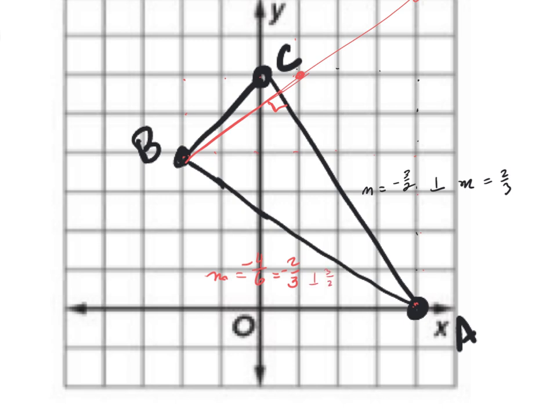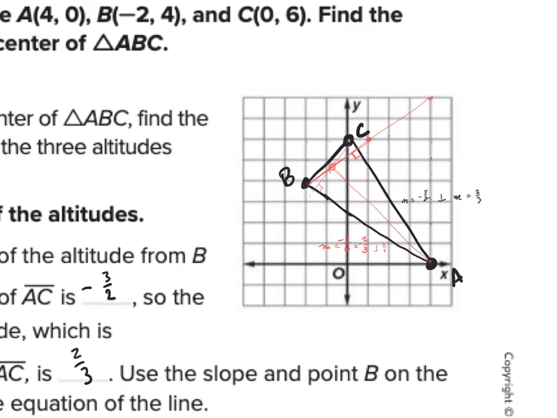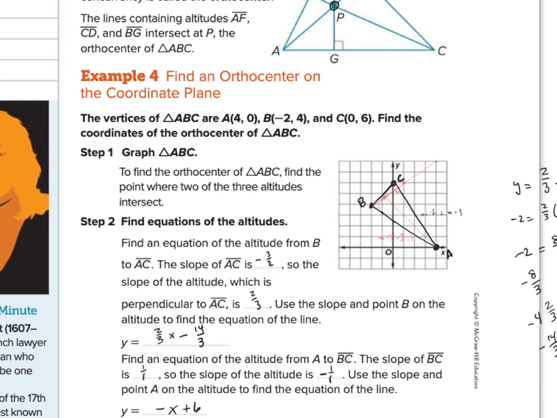So again, from here, 1, 2, 3, 1, 2. There's my perpendicular slope. Once we have two, this one should be doing that, right? That should be my location of the orthocenter.